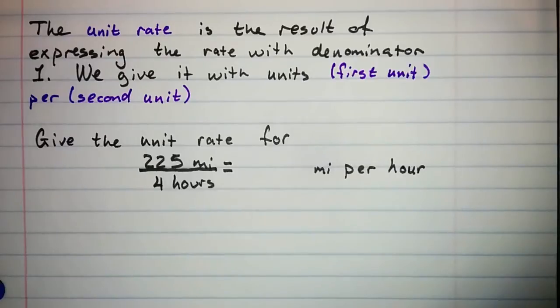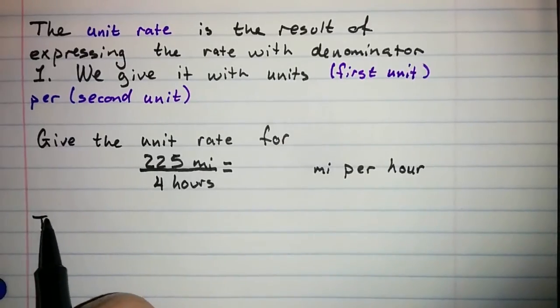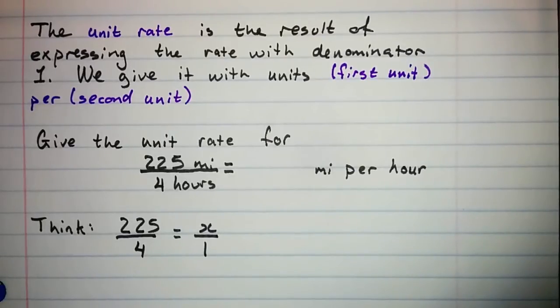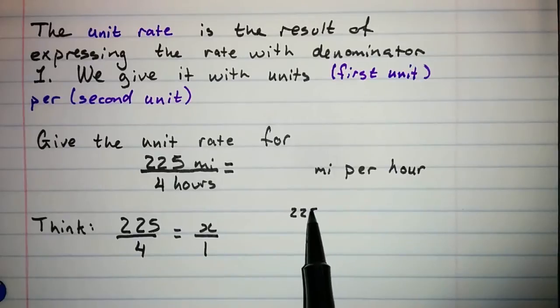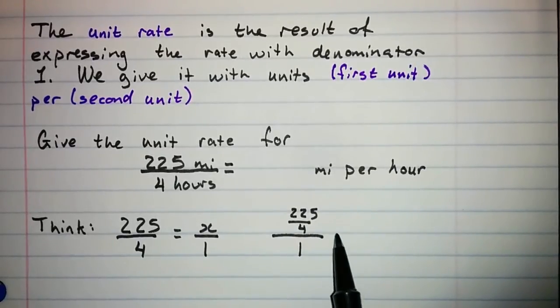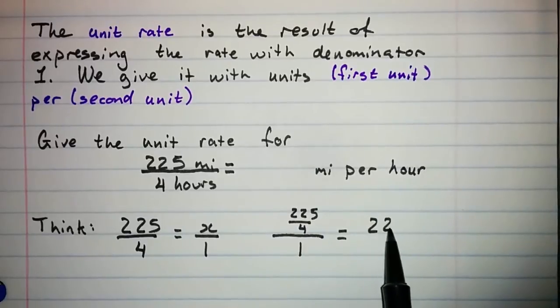Well, we might initially think about this in terms of a proportion, right? We might think 225 fourths is x over 1. And that would not be a wrong approach here, but it's way more work than we have to do. Here's why. Well, I think we can see pretty easily that if we write 225 fourths over 1, that's going to be equal to 225 fourths, right?